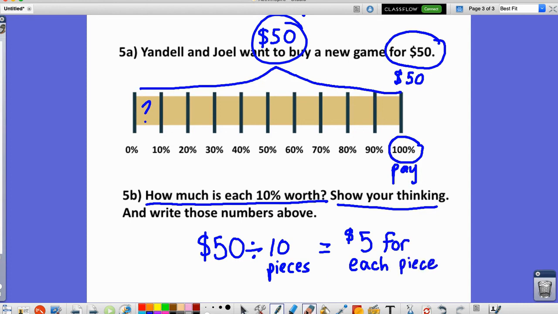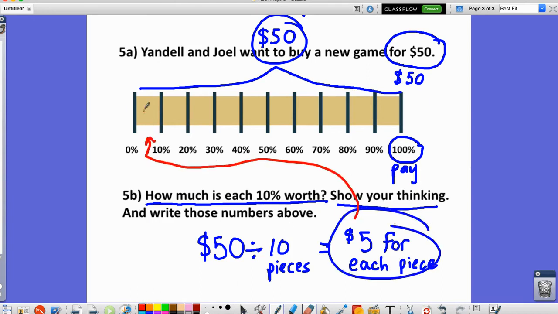That means that over here, and let me just circle this in red, each piece is $5. So this piece is $5. This piece is $5. And every piece right here is worth $5.